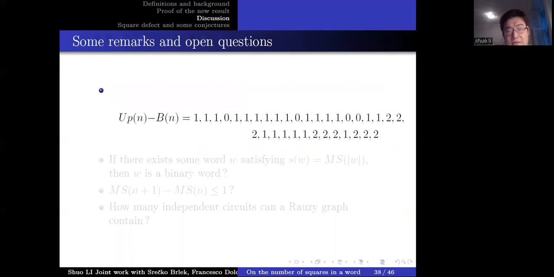In fact, if we compute the difference between our new upper bound and the sequence Bn, we get the following sequence.